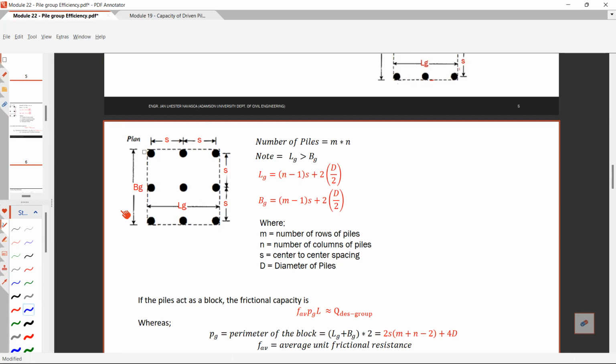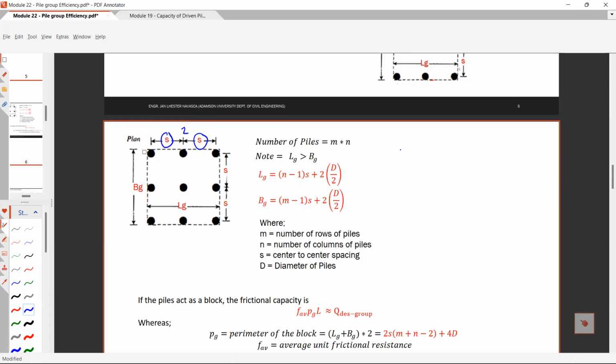Okay, so let us find the relationship of L sub G in terms of N, S, and D, the diameter of the piles. Okay, so first, to determine the total length LG, first is to determine the total number of spacing. Okay? So kung ito example natin na to, we have 2 spacing.